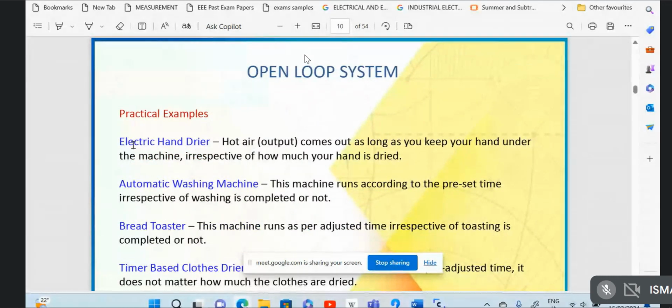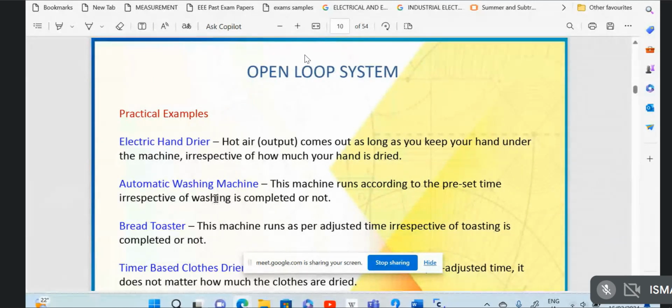So some of the open loop systems are the electric hand dryer, which once working just runs, and the automatic washing machine. A washing machine is also open loop because you can never tell whether the clothes are clean or not, since you don't measure that. You just run up to the time it has been set for, and after that it is gone.